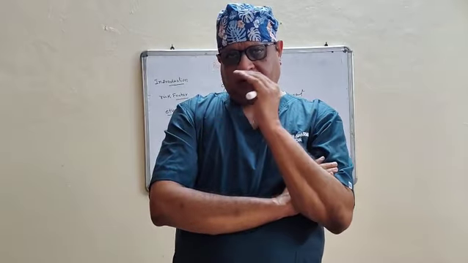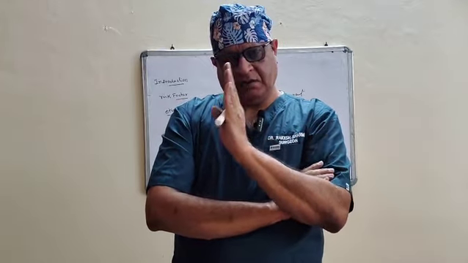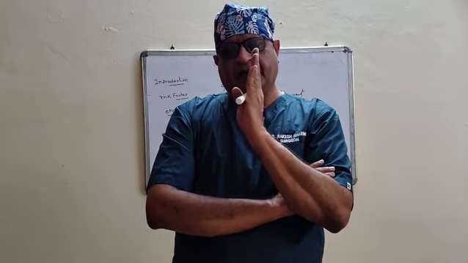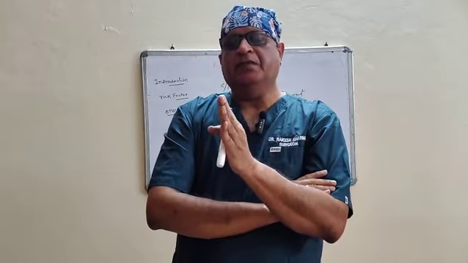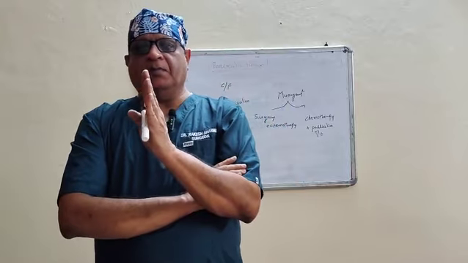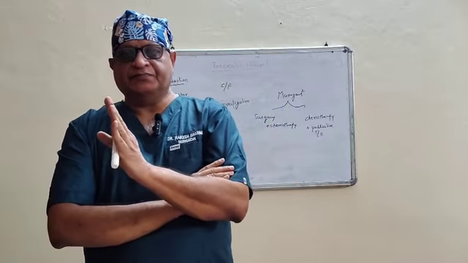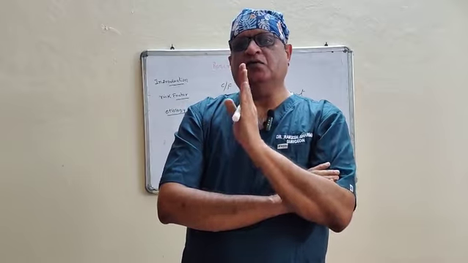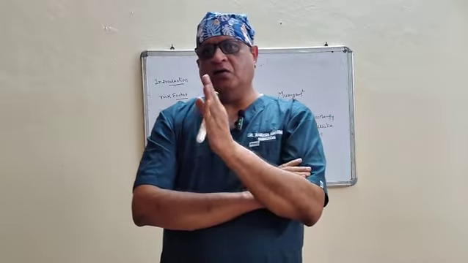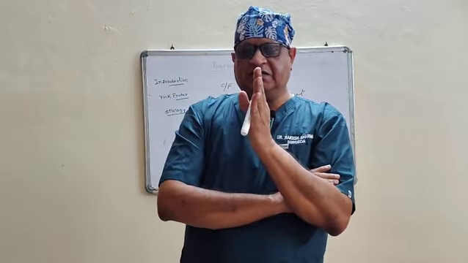Stage 2, when carcinoma is present in the pancreas, peripancreatic tissue, duodenum, but no nodal involvement. Stage 3 is the same as stage 2, but there is nodal involvement, locally advanced disease.